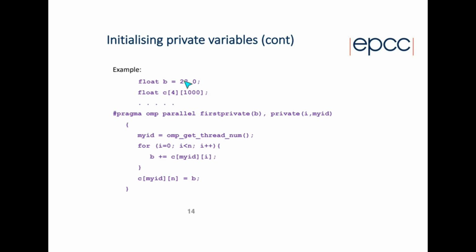But suppose we have some value b with an initial value here. We could then declare that as firstprivate, and then every thread gets an initial copy of b with the value 23.0. It can then go ahead and use that and accumulate and add more values to it, and then at the end we can store that value in the last element of the column or whatever.